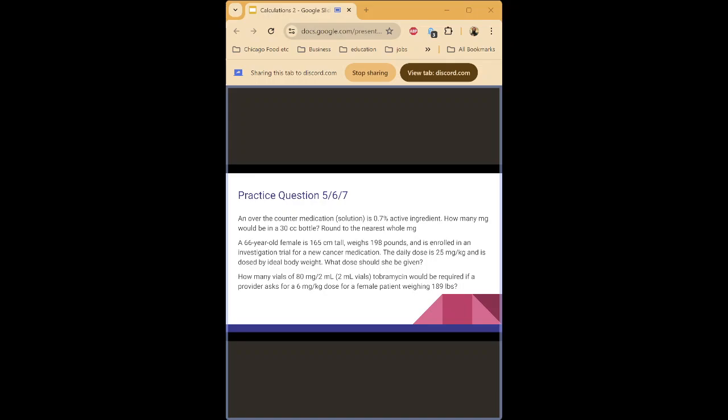How many milligrams would be in a 30 cc bottle? Round to the nearest whole milligram, please. So we'll start with that first one.